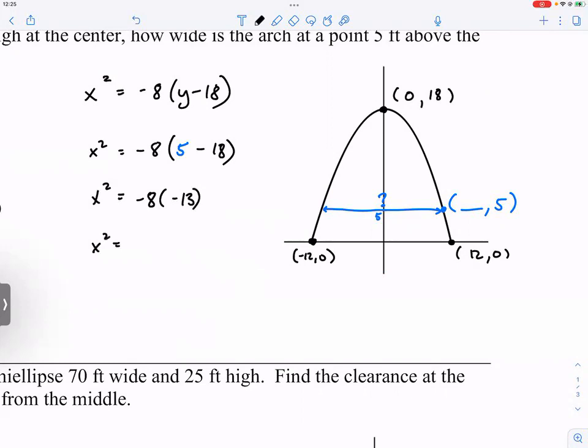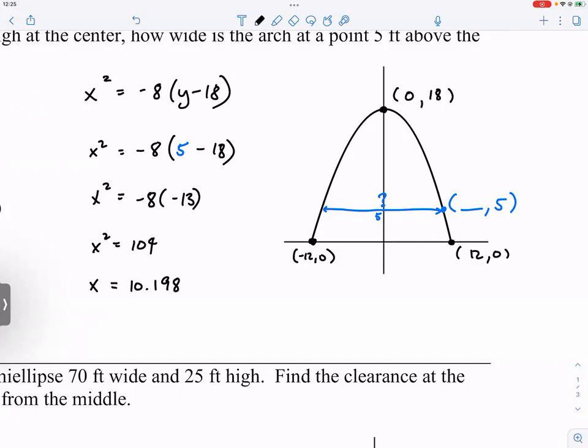So we say, oh, x squared is equal to 104. So x is equal to, now, we will give you a calculator so you can do this. The actual x is going to be 10.198. If you put it in a calculator, that's what you get. But that's the x value.